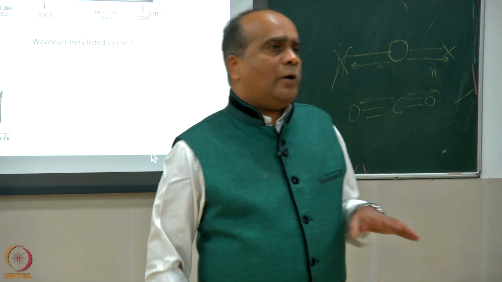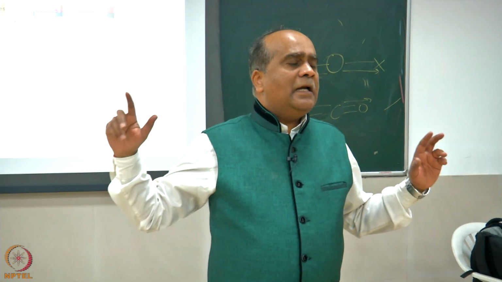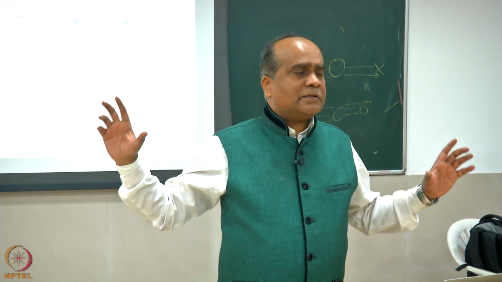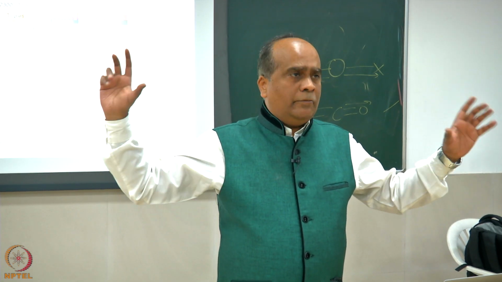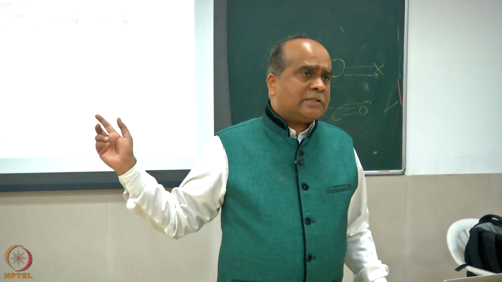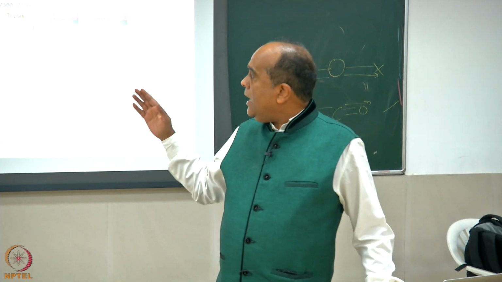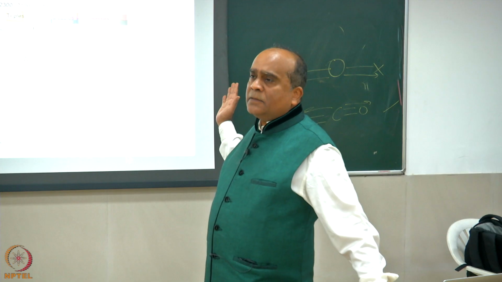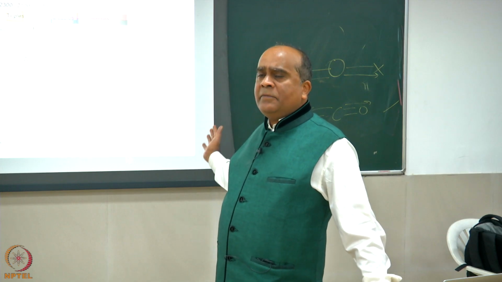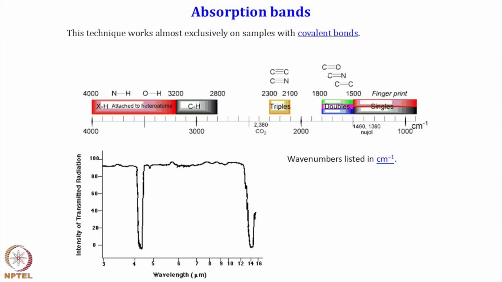Typically IR, for some historical reason, is expressed in cm inverse, which is called not wavelength but wave number. A typical IR spectrum runs from 400 cm inverse to 4000 cm inverse, and it is diagnostic for different functional groups.